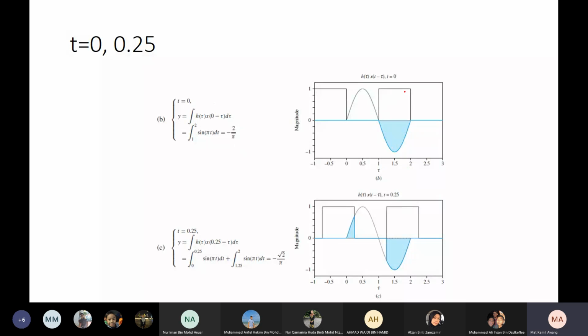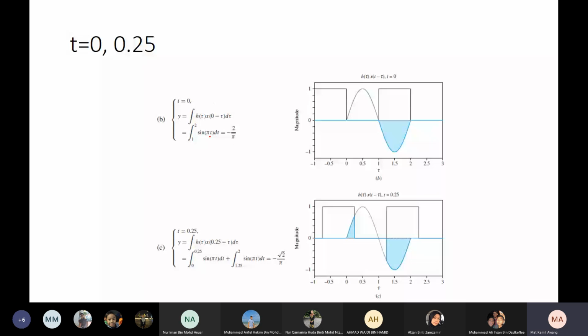Because this is the one that is non-zero, the integration is from 1 to 2 of sine pi tau d tau.